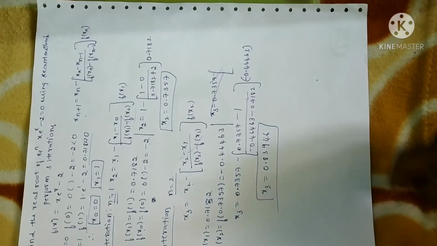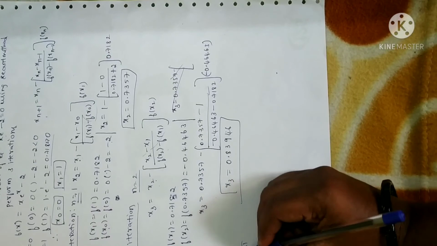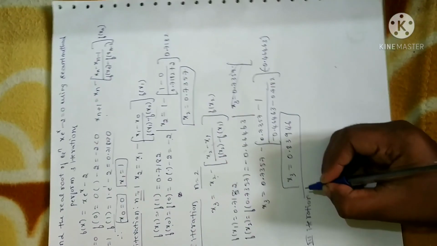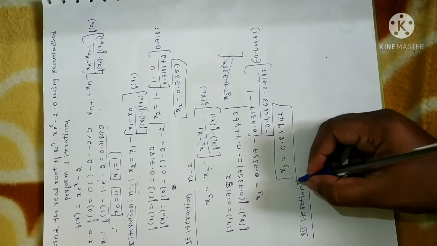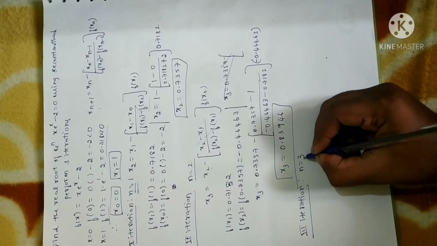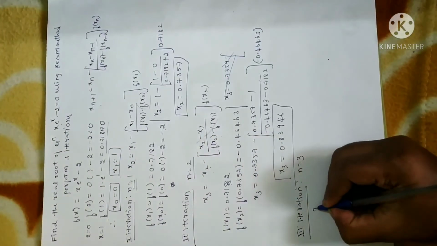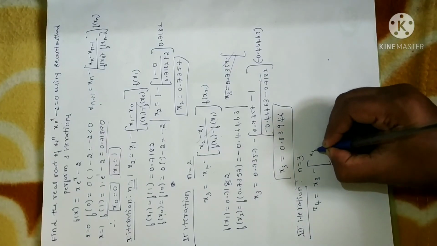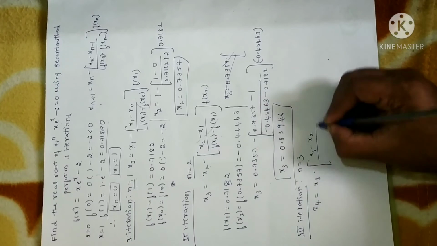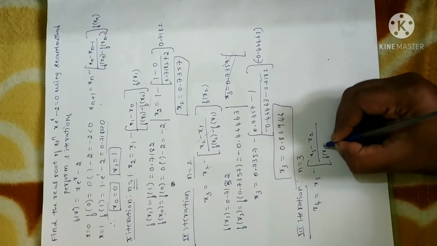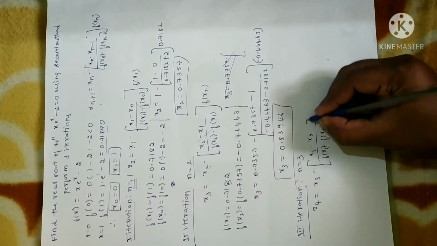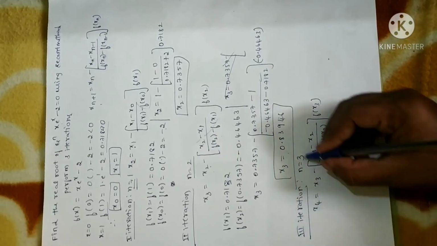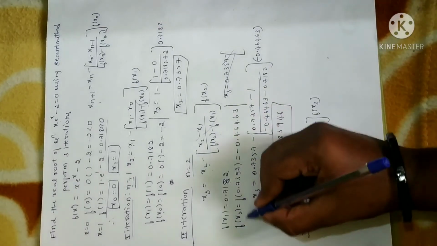Now we have to perform the third iteration. So for the third iteration, n is equal to 3. Substitute n is equal to 3 in the formula. You will get x4 is equal to x3 minus (x3 minus x2) divided by (f of x3 minus f of x2) into f of x3. Anyhow, x3 I have, f of x3 I have to calculate, f of x2 also I have.